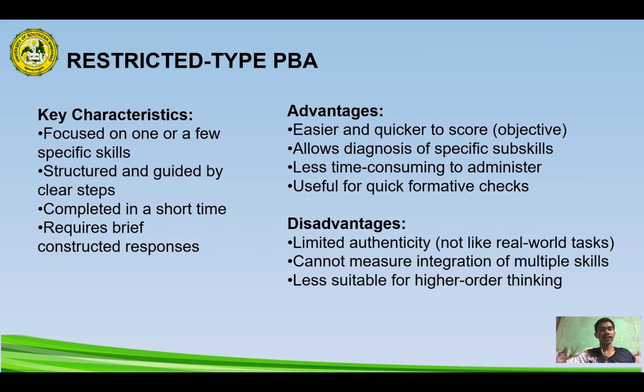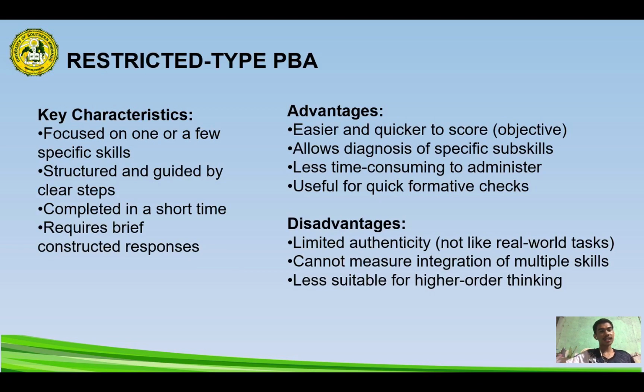So there are characteristics, advantages, and disadvantages of a restricted type. Based on sources, the characteristics of a restricted type are that it is focused on one or a few specific skills, structured and guided by clear steps, completed in a short time, and requires brief constructed responses. The advantages of the restricted type are that it is easier and quicker to score, just like what Miller said, the more structured it is, the easier it is to score. It is also less time consuming to administer and useful for quick formative checks.